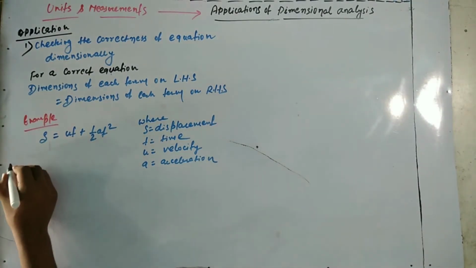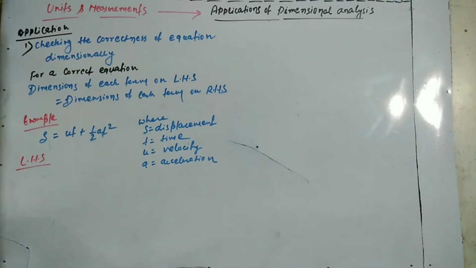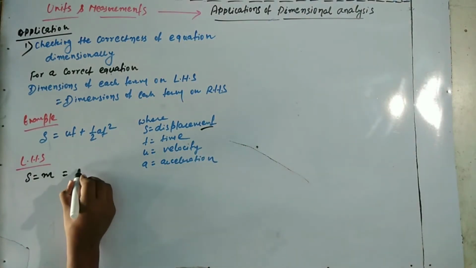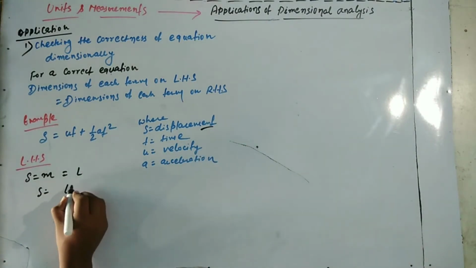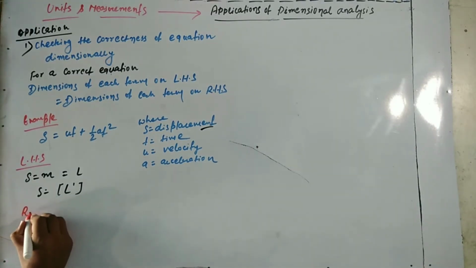Then how will we find whether the equation is right or wrong? First we find the LHS. For displacement, S is meter in SI unit, so its dimensional formula is L power 1.